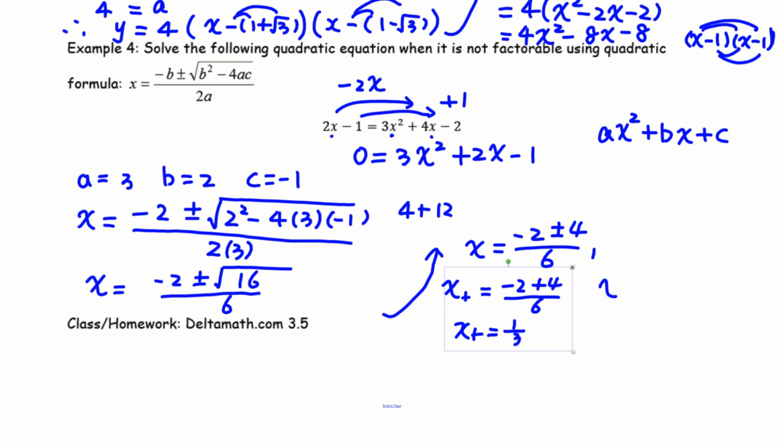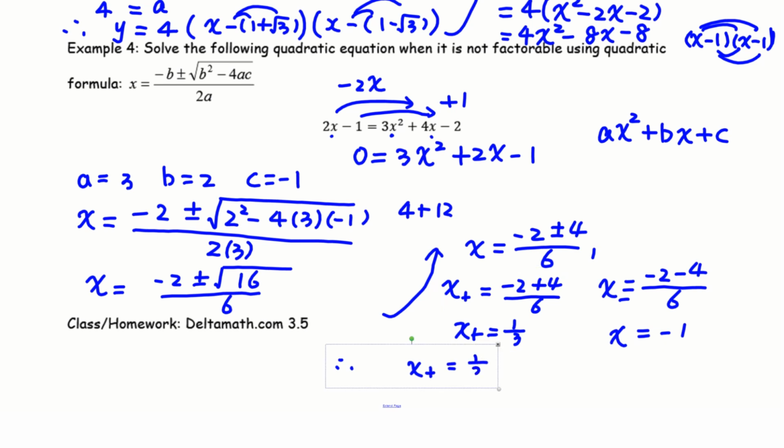And for the x minus sign, it gives you the other zero. So minus 2 minus 4 over 6 gives you negative 6 over 6, which is negative 1. So therefore the two zeros are x plus equals 1 over 3 and x minus equals negative 1. So that is done.